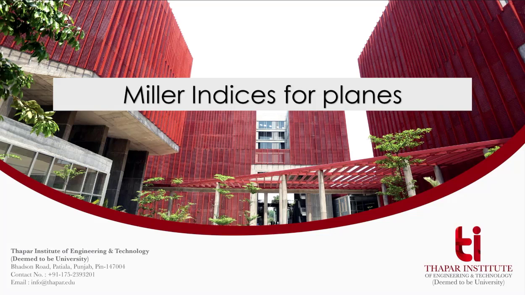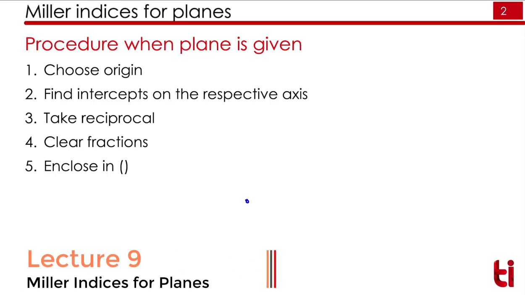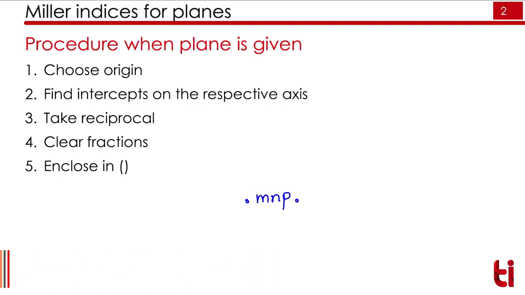Hello students, welcome. In this lecture, we will see the Miller indices for planes. The symbol for the Miller indices for points or for atoms is given by M N P. For direction, it's U V W. And for plane it's H K L. You just have to remember the symbol.